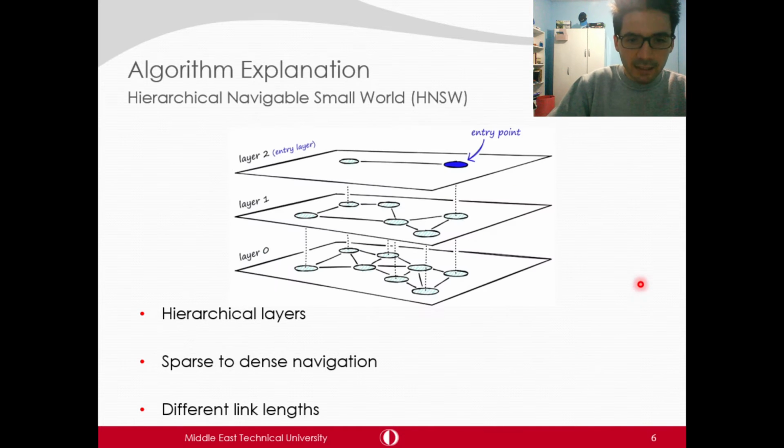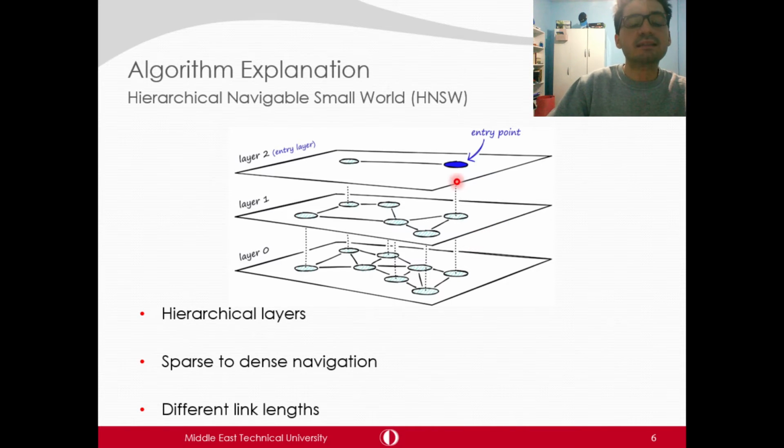Let's move on. And this is the figure of our algorithm. This is the general structure of it. It has layers like in the probability skip list, and it has a similar approach to that.